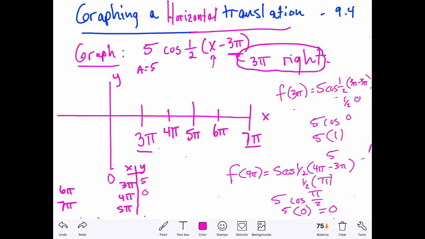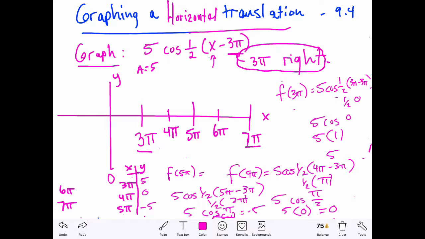Okay, let's do 5 pi. 5 cosine of a half of 5 pi minus 3 pi. 5 pi minus 3 pi is 2 pi times the half is pi. So I've got the cosine of pi times 5. Okay, the cosine of pi is -1. Multiplied by 5 gives me -5. And then, of course, I'd go through and evaluate the rest of my points.